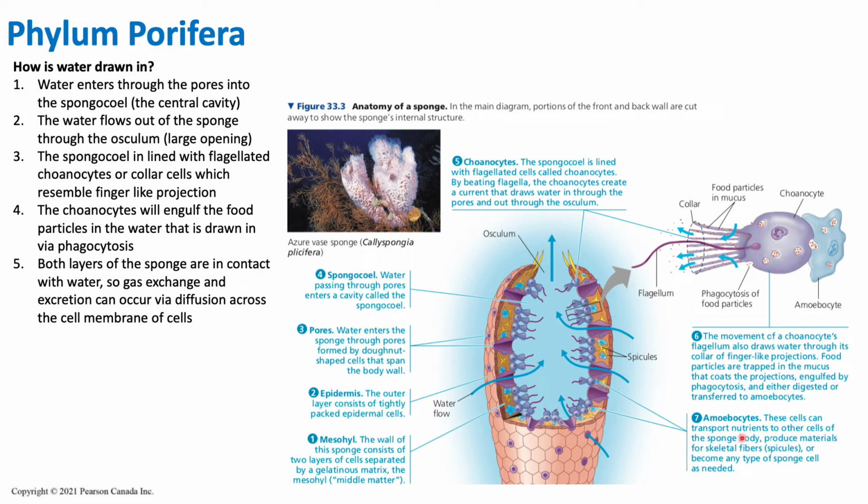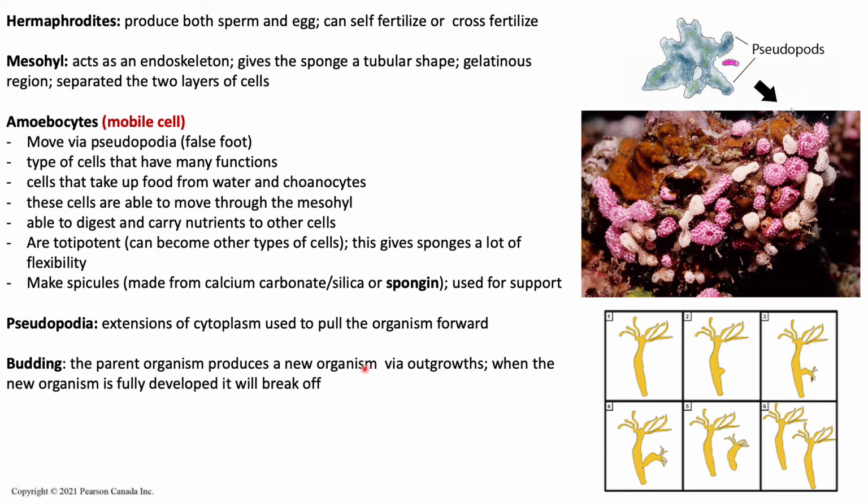So amoebocytes are a type of cell within the Porifera that are mobile, and they are mobile within the mesohyl. So once again, within the mesohyl, the amoebocytes are mobile and they transport the nutrients that they digest to other cells. Now, some terminology.